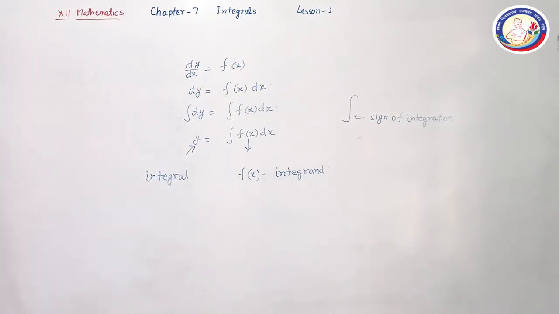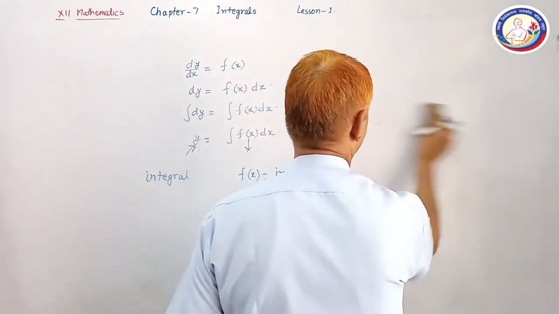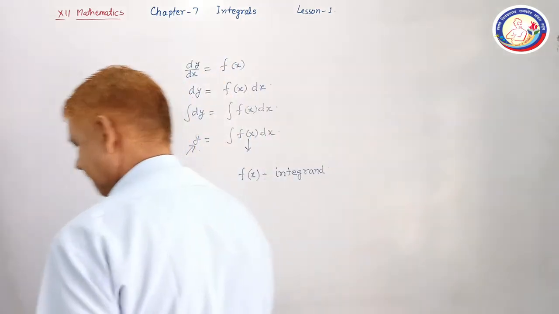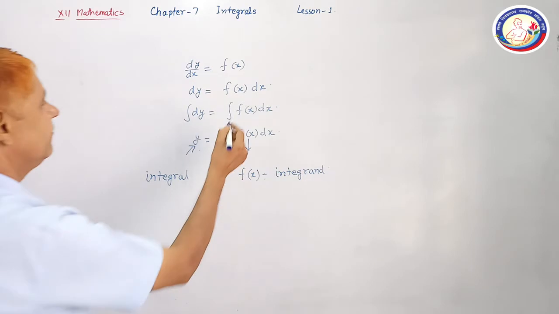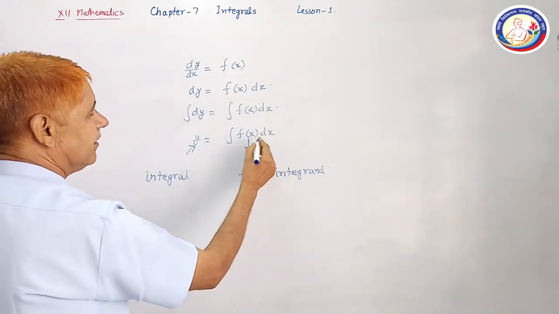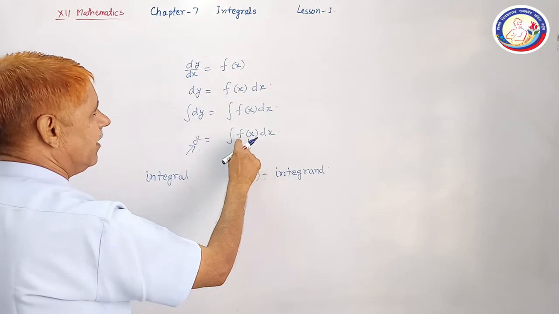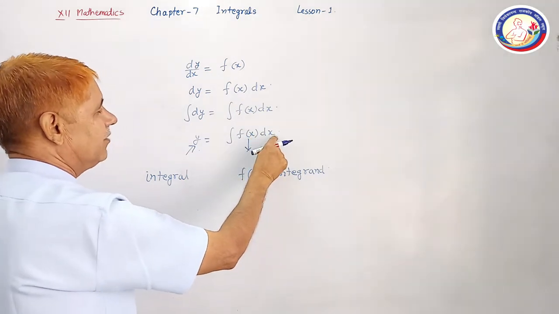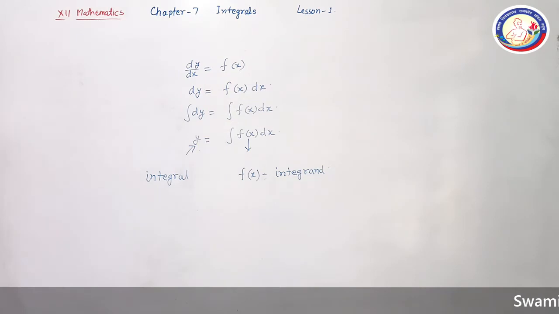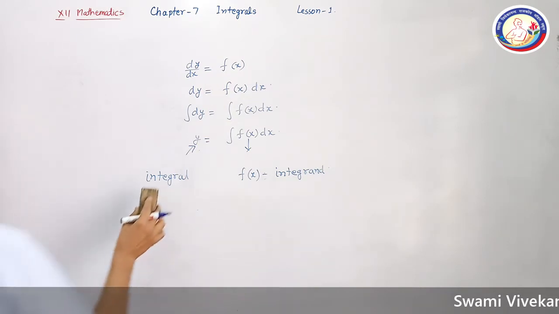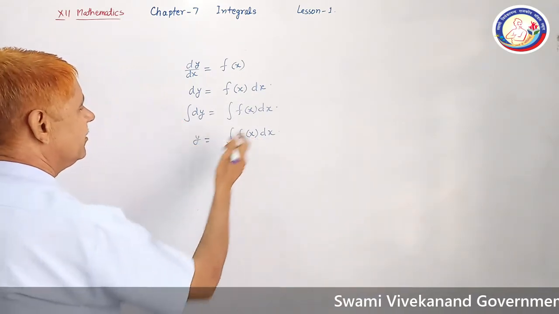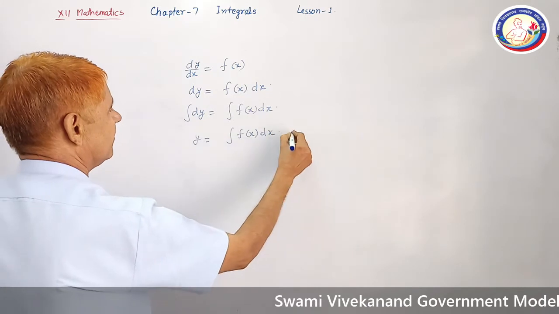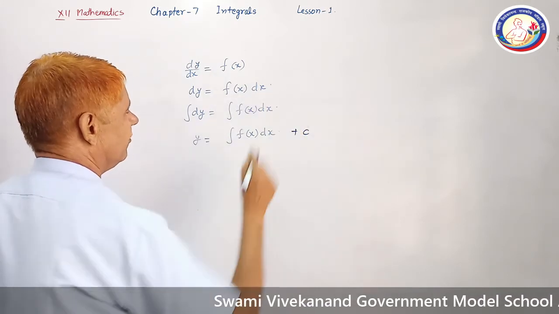Or we simply say integrate the following function. It means we have to find the integral. And if we read this as find the integral of f(x), the function f, with respect to x. And c is called the constant of integration, which we associate every time. Say y equal to this, then on integration there will be a constant of integration c, always there.